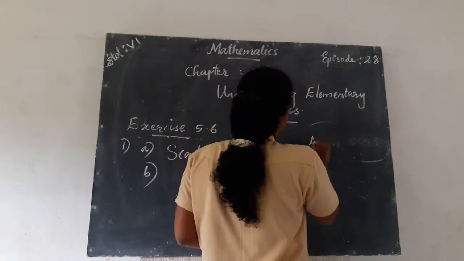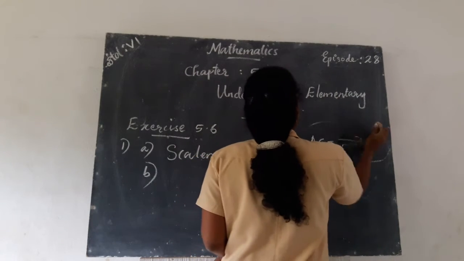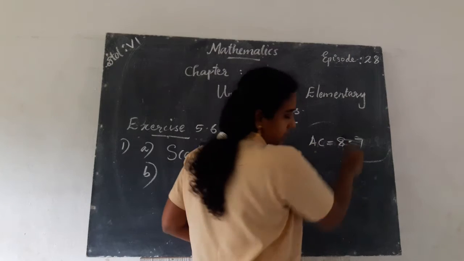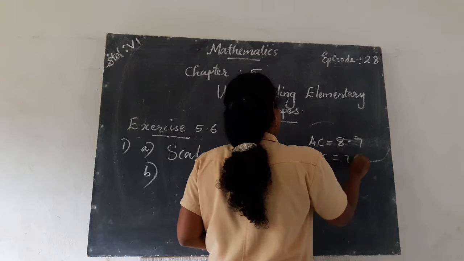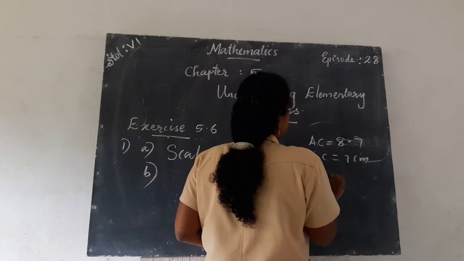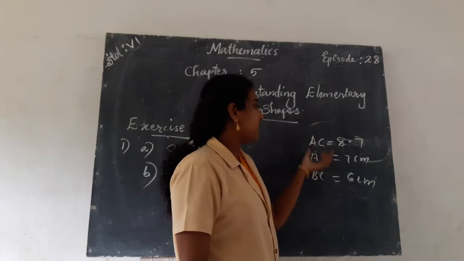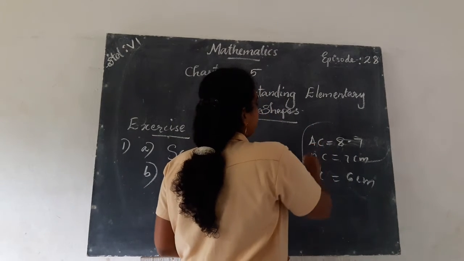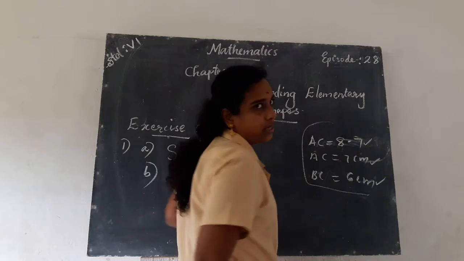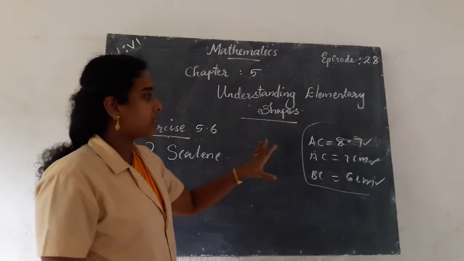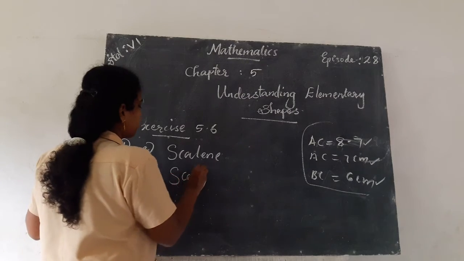The lengths of the three sides are different: 8.7, 7 cm, and 6 cm. So all three sides are unequal, and it is also a scalene triangle. The answer is scalene triangle.